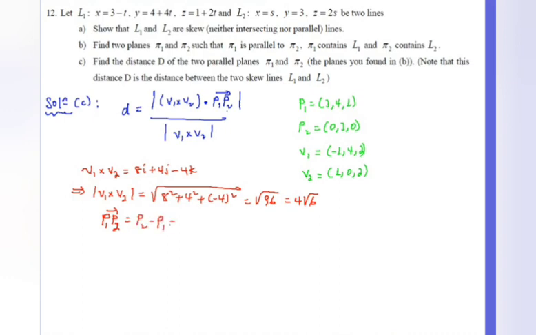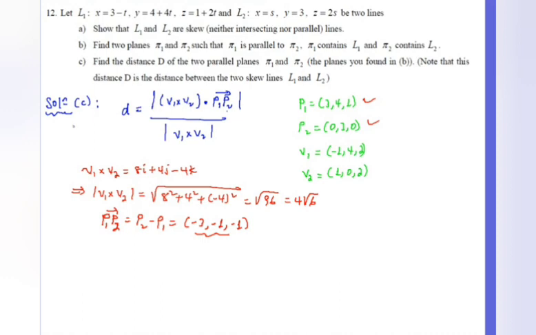How much is this? Minus 3, minus 1, minus 1. You can take the difference between these two, so it gives this one. Now we can substitute all these values.